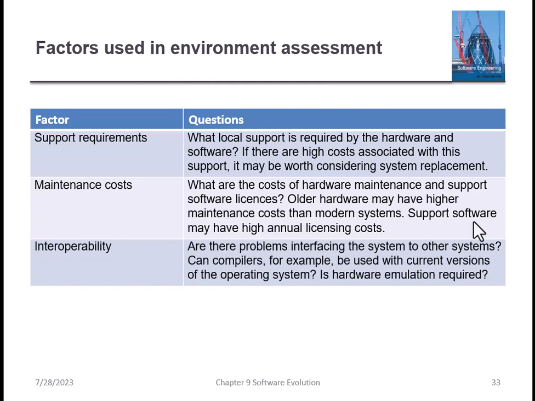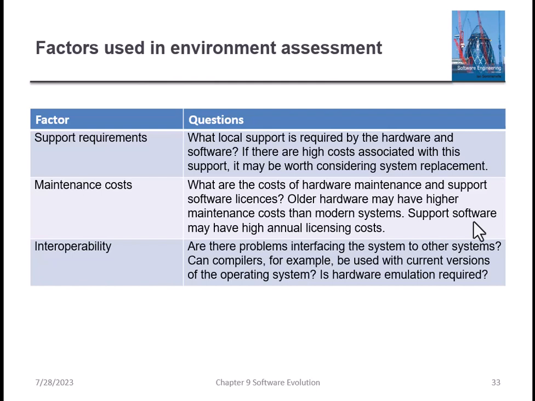Sometimes what happens with a legacy system is that maintaining and supporting that system is expensive, so that becomes a problem. Maintenance cost, obviously, support requirement, maintenance cost, and then interoperability.